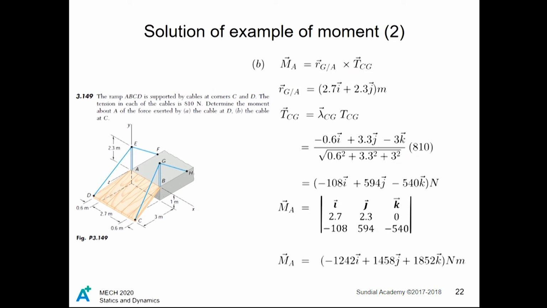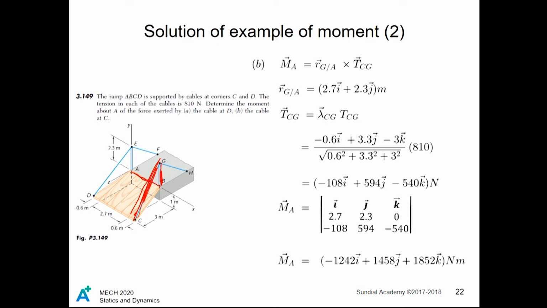So next we are asked to find the moment from the cable at C about the point A. There is no direct physical connection of radius between the force vector, which is in the same direction as CG, and the radius vector, which is technically AG. However, we are able to create the radius vector by noting the lengths of AB and BG are the components of the non-connected radius vector.